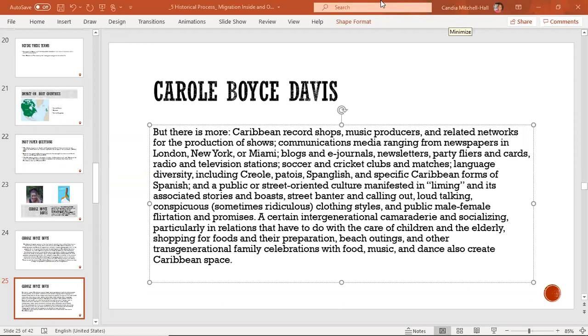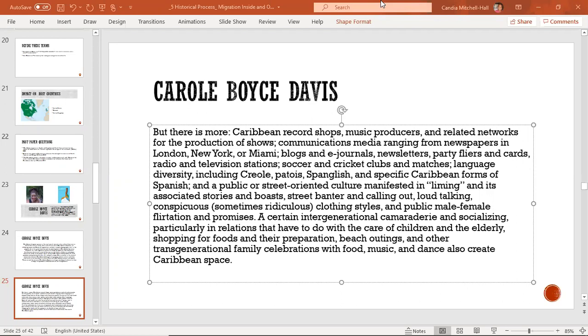Because what you're seeing here is that Caribbean people, once they are going to create their radio station, their television station, they are going to have their newspapers, their cricket clubs, right? In fact, she mentioned that there's a lot of liming where people are on the roadside and on the corner, on the block, just drinking and dancing.